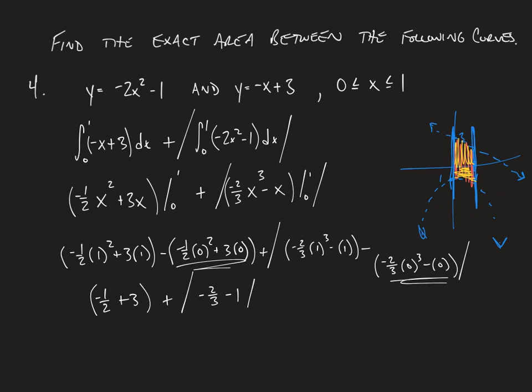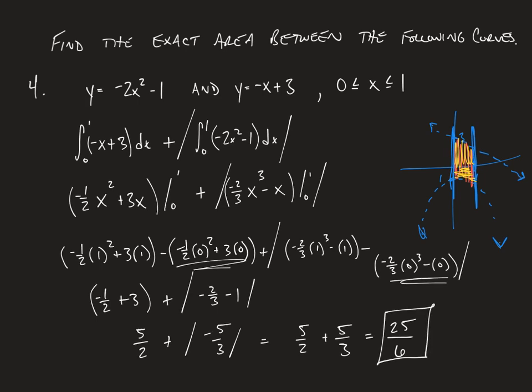So if I want to get a common denominator on the left, this is going to be 5/2 plus the absolute value of negative 5/3 if I get a common denominator there. So this is the same as 5/2 plus 5/3. And that's going to equal 25/6.